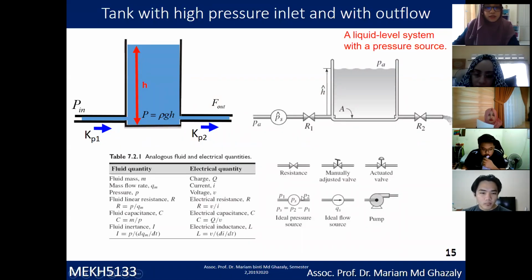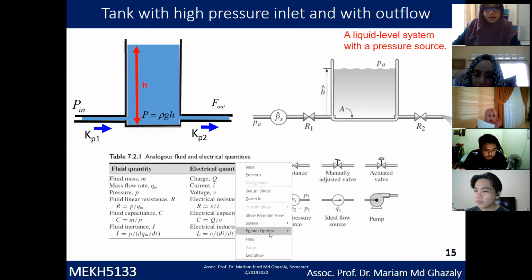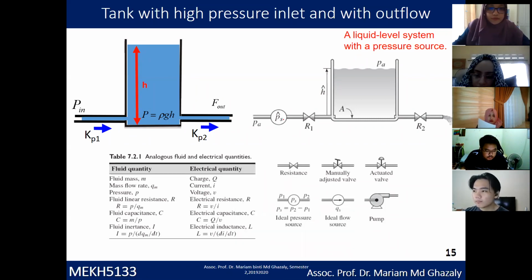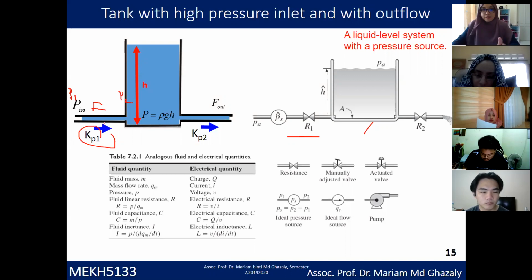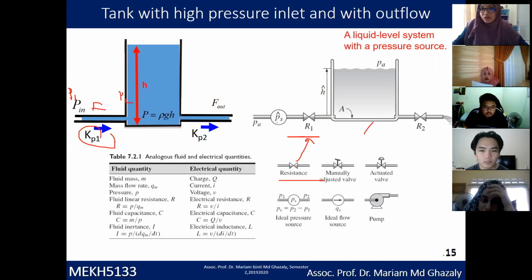Right, so we were here. We were talking about how to write this out. We draw the tank first, and then we have this equation: P1 minus P2 is equivalent to Kp dot F. Kp is the resistance inside the piping. P in is the pressure source.